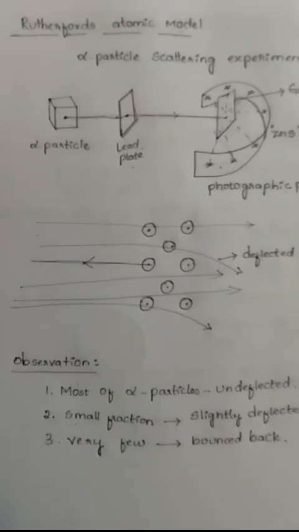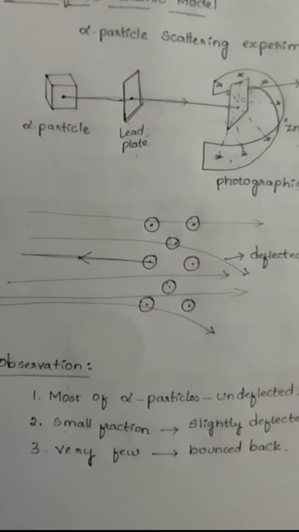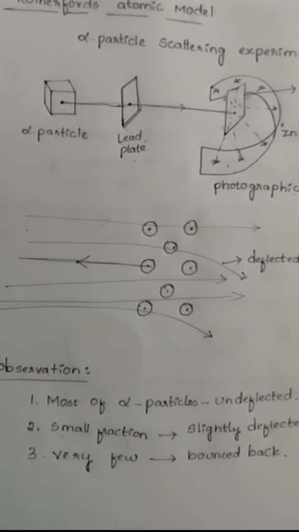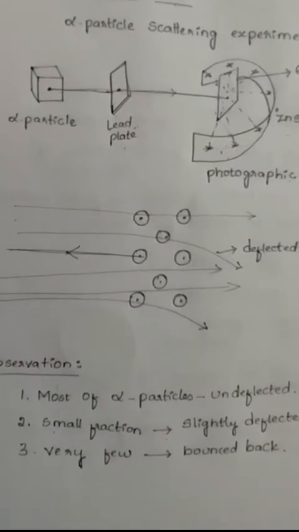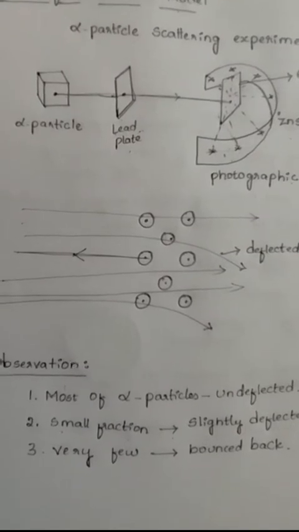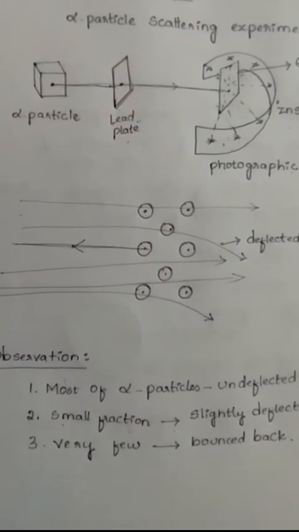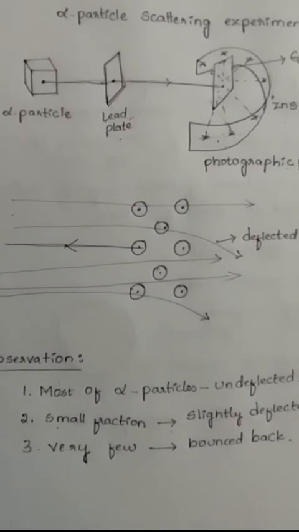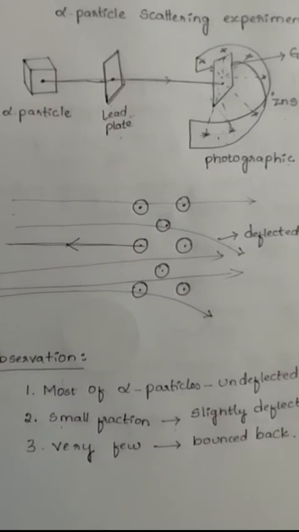That is, alpha rays are positively charged, and due to the positive charge present in the atom, some repulsion force is developed, so there is a slight deflection in the path of alpha rays. That is, positive charge has to be concentrated in a very small volume that repelled and deflected the alpha particle.